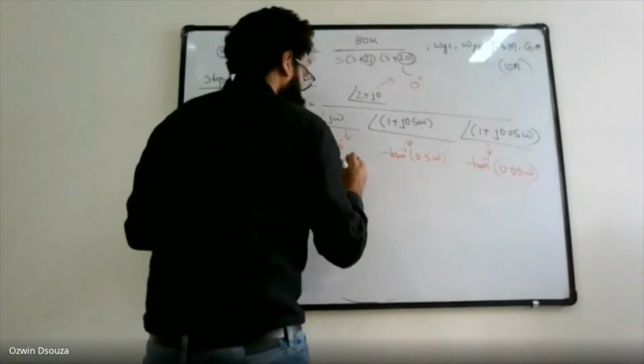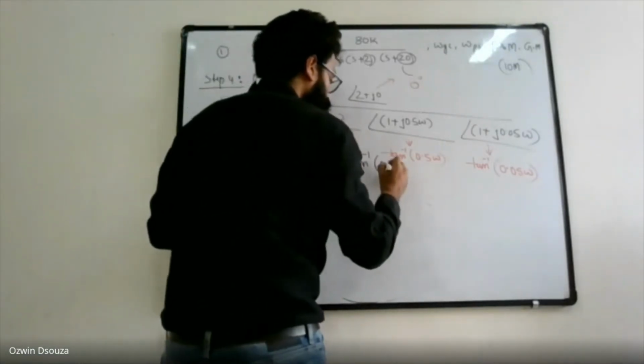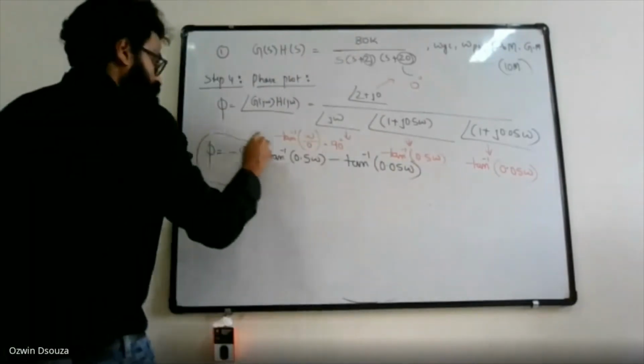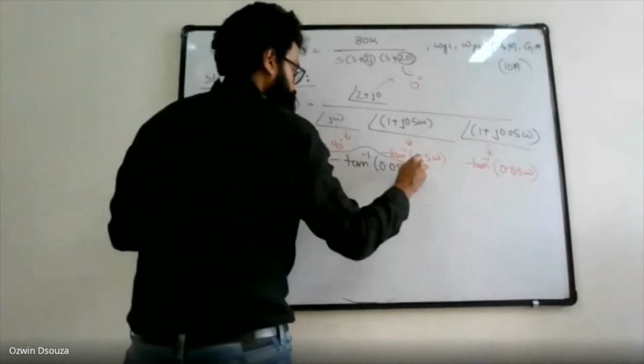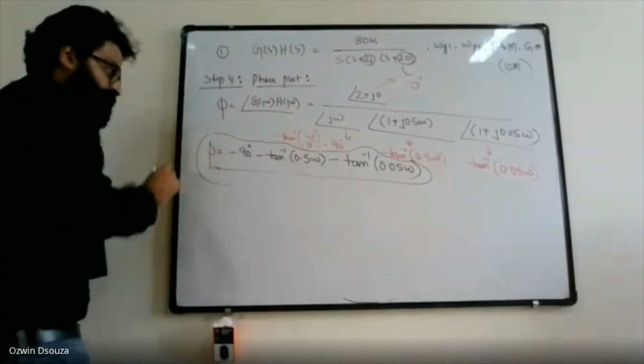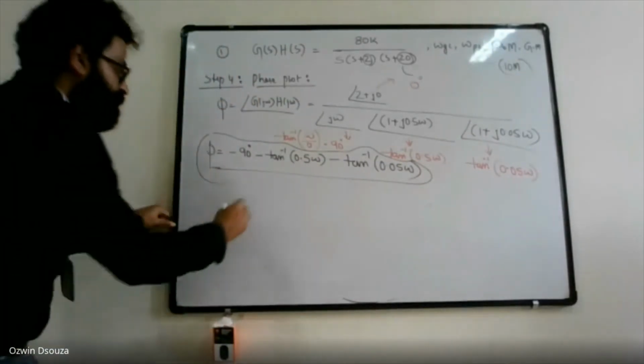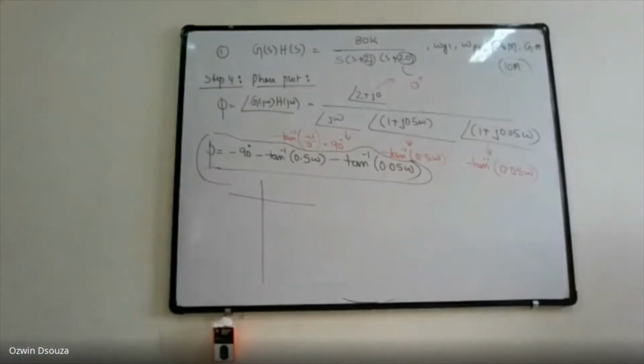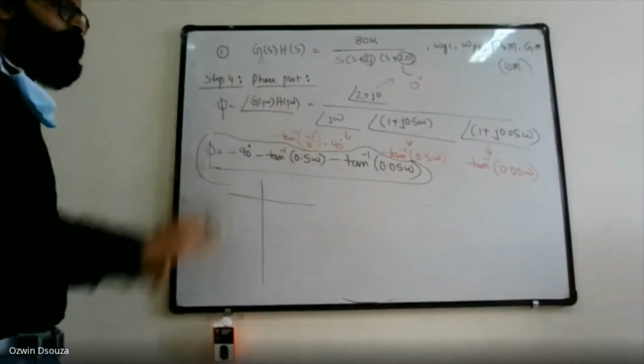And what do we have? Minus tan inverse of 0.05 omega. So this is my angle equation. After this, what you do is you create a simple table, two-dimensional, right? X variable and Y variable.